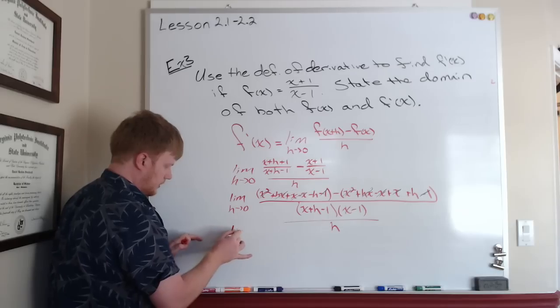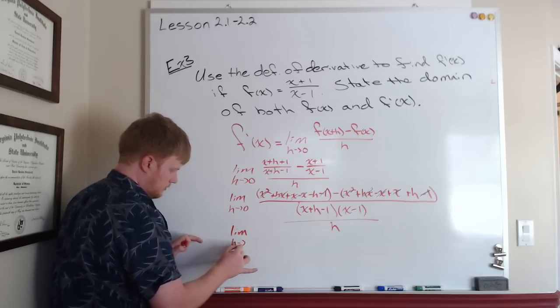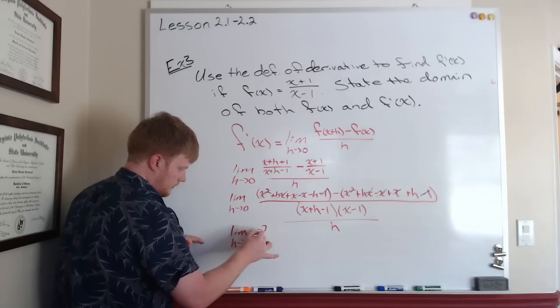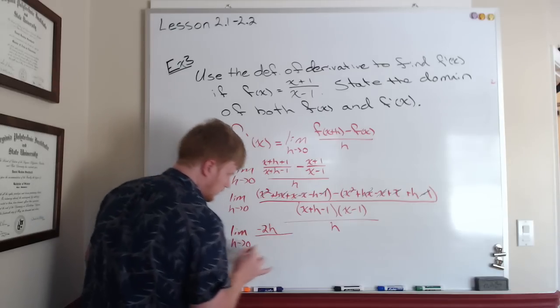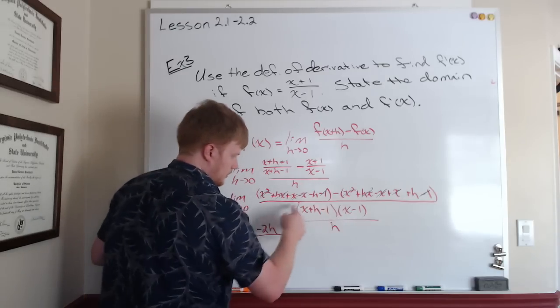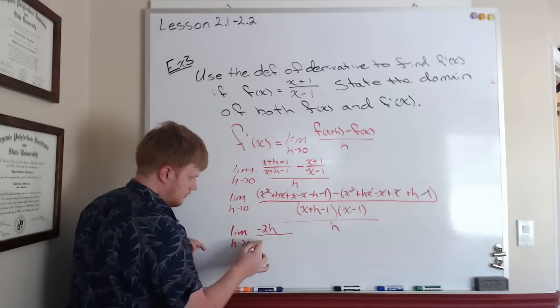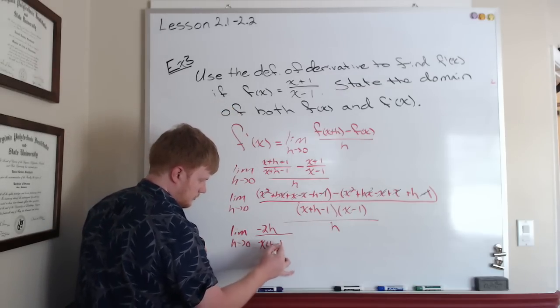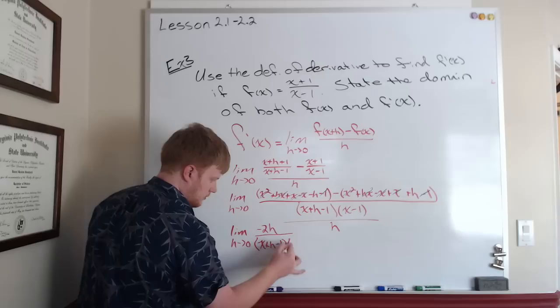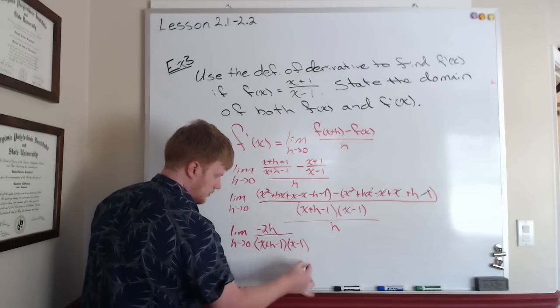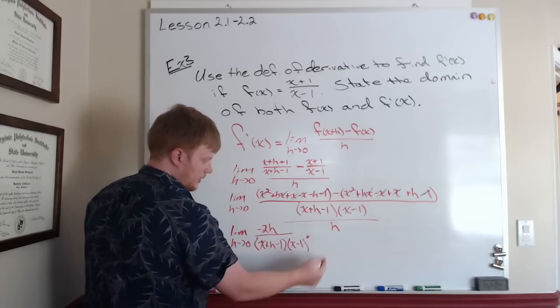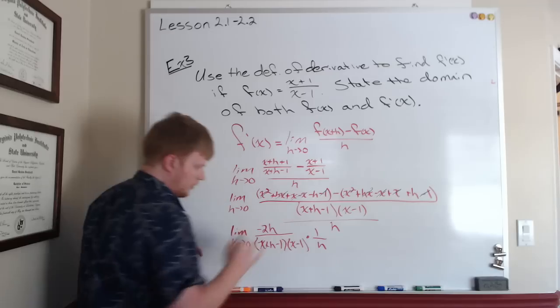So I'm left with negative 2h all over this denominator, all divided by h, or multiplied by 1 over h.